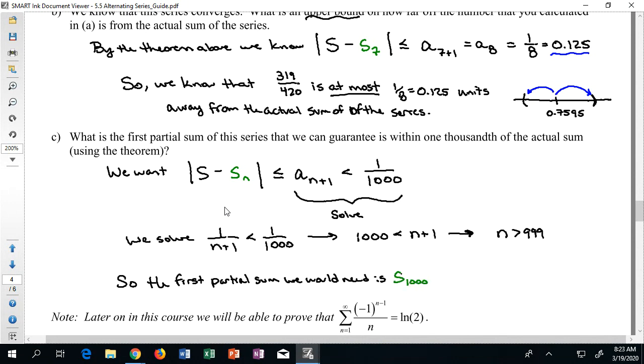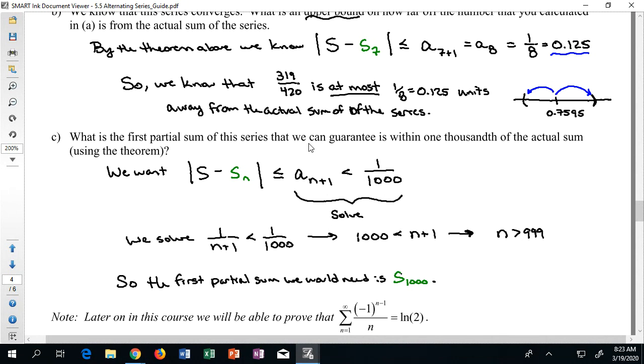That would guarantee that I'm less than 1/1000th. Notice if I wanted to be equal to 1/1000th, then I could probably have used 999 because I would have had a less than or equal to on here. And I think in my notes, that's what I had originally written out, what would happen if I wanted this to potentially be equal. But if I want it to be less, then I would have to do something like this.